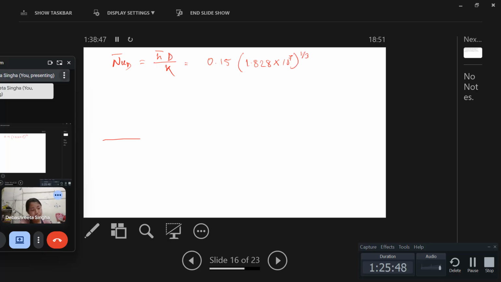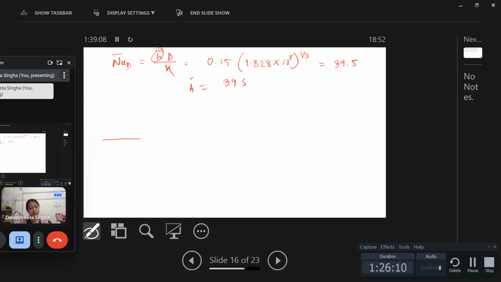To the power 1 by 3, right? So how much does it come to? It will come out as 39.5. So from here we can calculate what this H is.